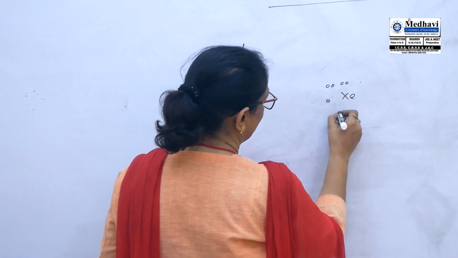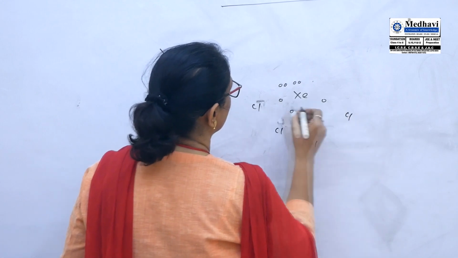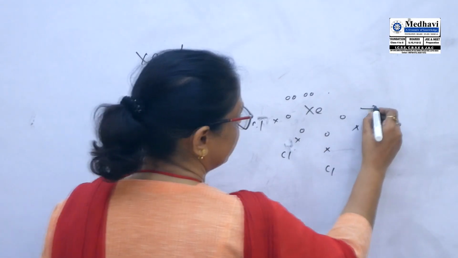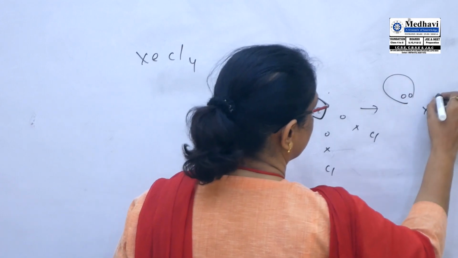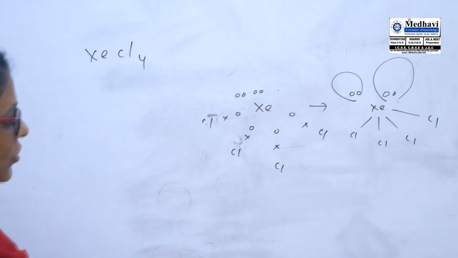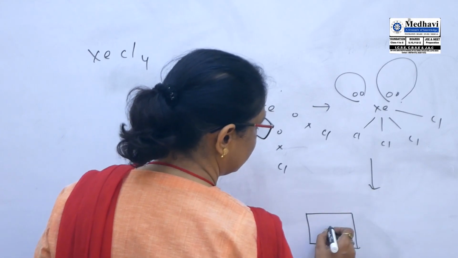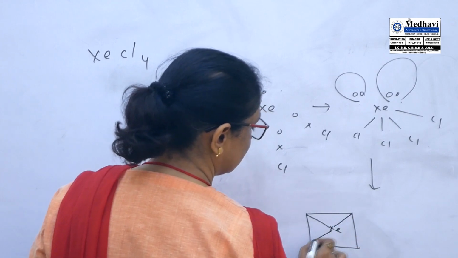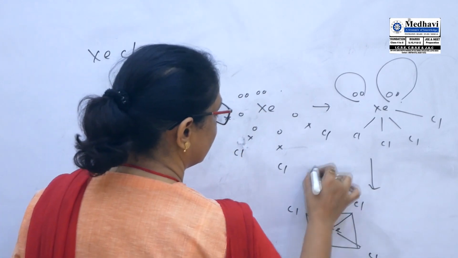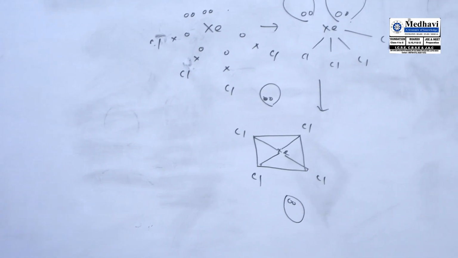Out of 8 electrons, 4 are involved in bonding, and the remaining 4 electrons are present as 2 lone pairs. So we have lone pairs and bond pairs, and due to lone pair repulsion, this compound has a square planar structure, with the lone pairs occupying opposite positions. This is the structure of XeF4.